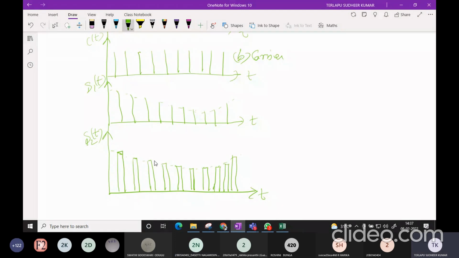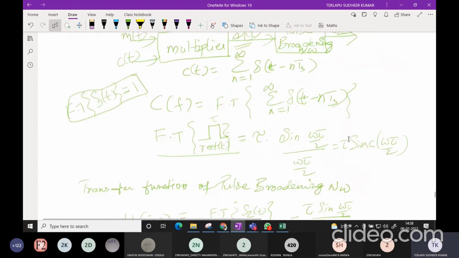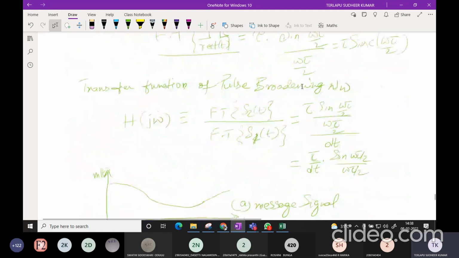But here, with the same height, the impulse is now converted into a rectangular pulse. With the same height, we are increasing the width. That's all. We are not changing the amplitude of the pulse. We are only increasing the width of the pulse with the help of the pulse broadening network.